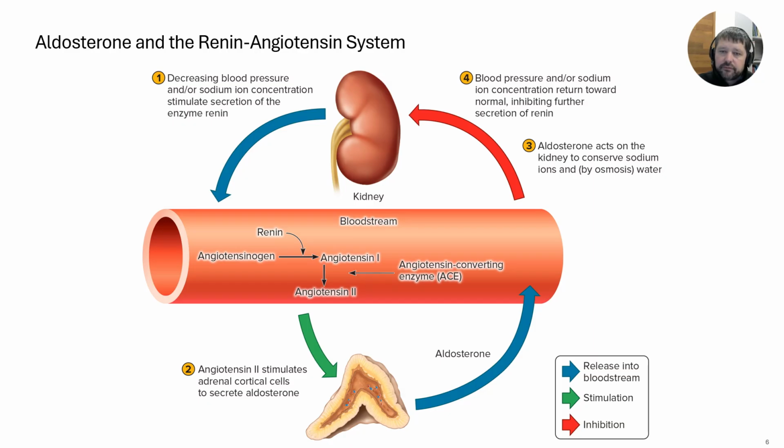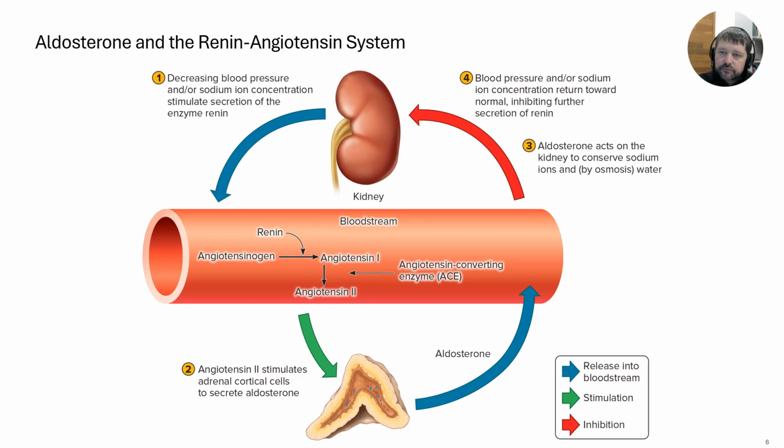Okay, that hormone is then going to entice the kidney to do a couple things. First of all, it's going to often conserve sodium, so it won't allow as much sodium to bind up in the water that's going through the kidney.